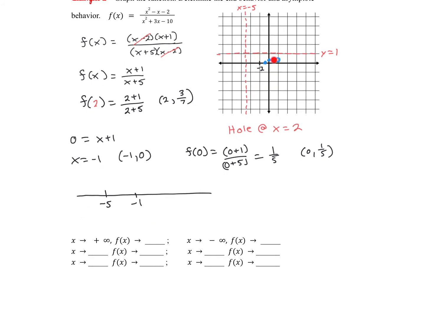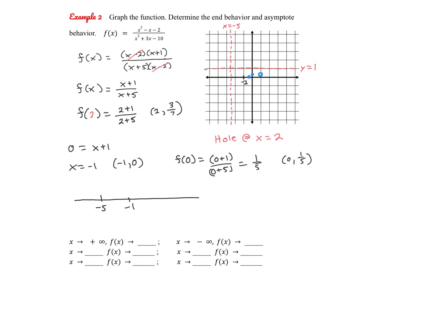Hopefully it's positive because that's what our other points are suggesting. Again, let's look at our reduced rational function right here. Let's imagine we plugged in -6. The numerator would be negative, the denominator would be negative, so our result is a positive.